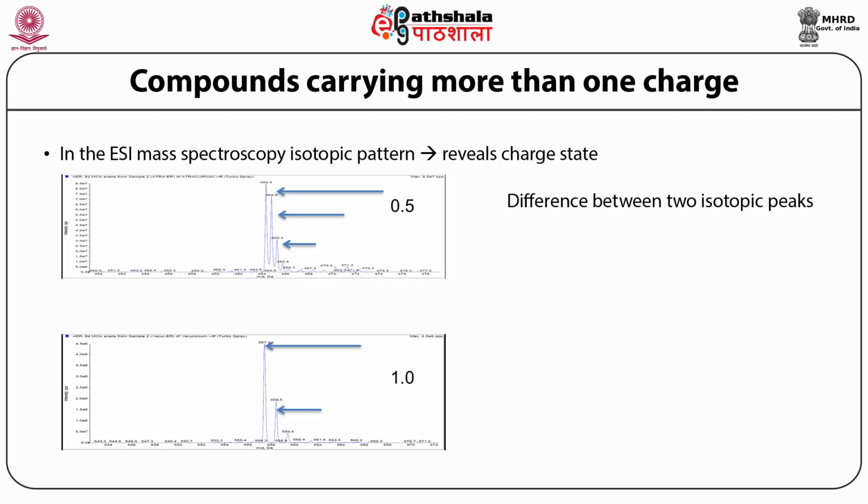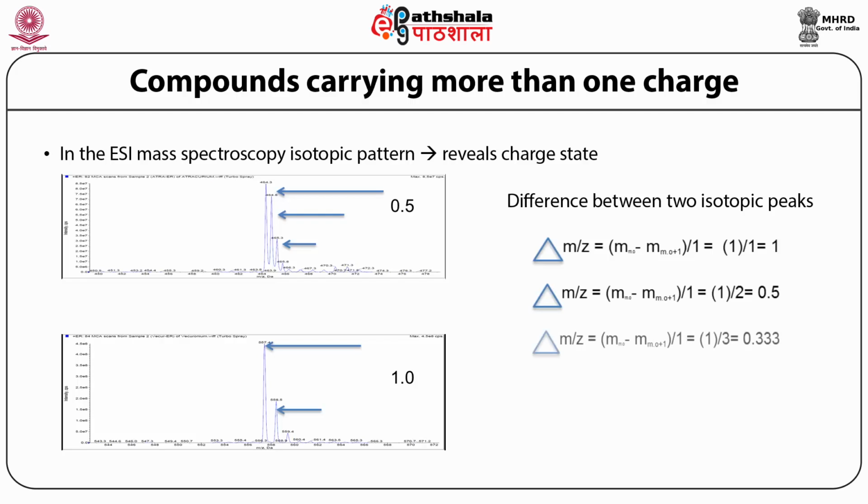If the difference between the masses is 1, that shows the charge state is 1. But if it is doubly charged, when you apply the formula delta m by z, you get 0.5.